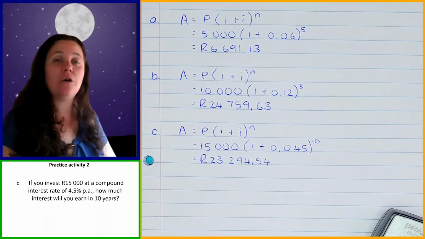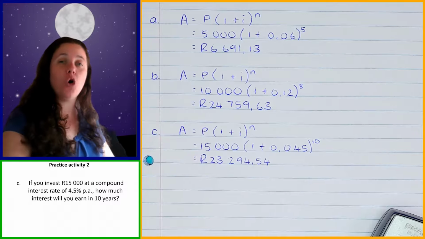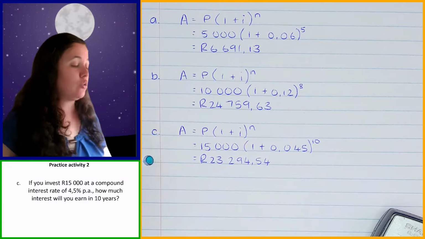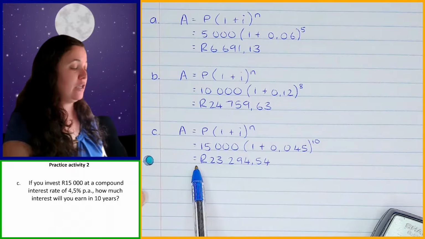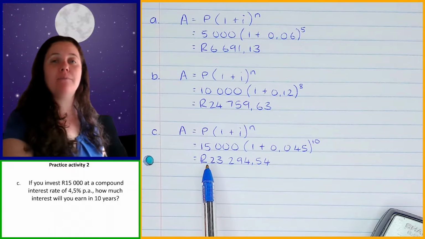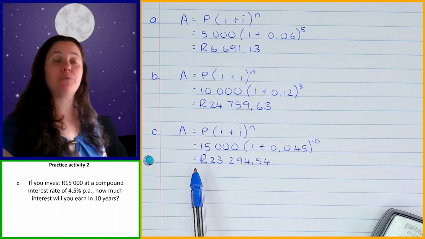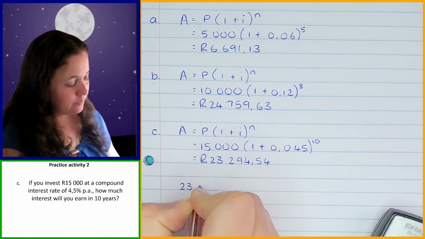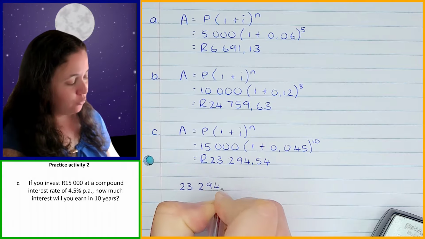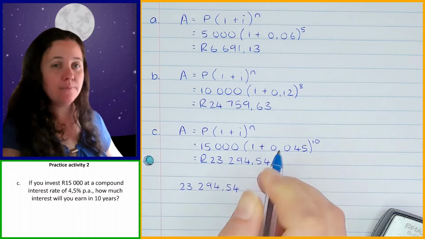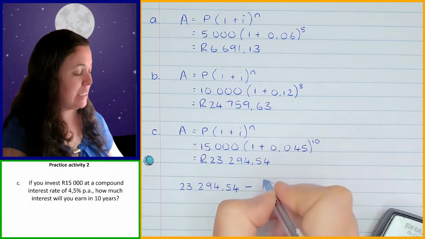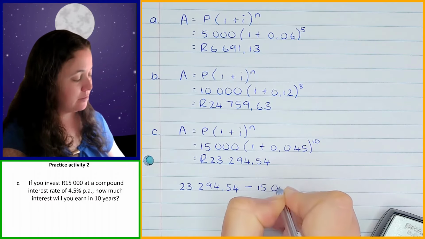So what happens now is everything that you have now over and above the amount that you first put in is interest. So what we can do to work out the interest is we take this and subtract the amount that we started with, which is the principal amount. So we're going to take this 23,294 Rand and 54 cents, and we're going to subtract the amount that was invested in the first place, which is the 15,000.